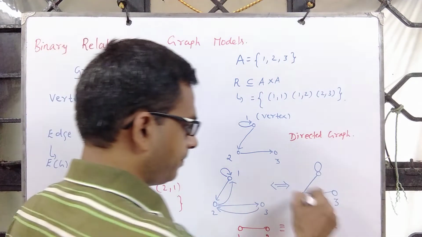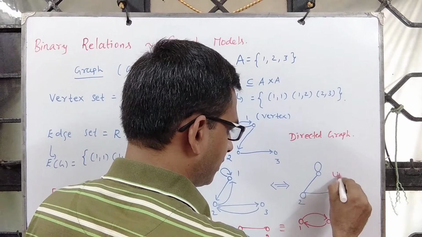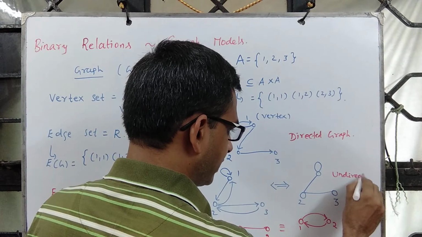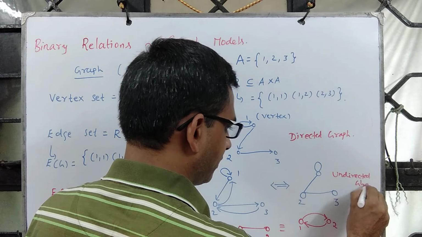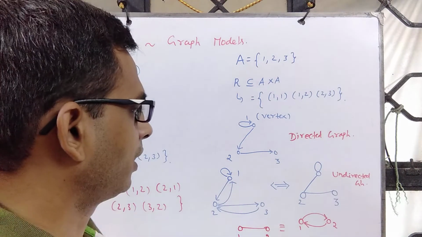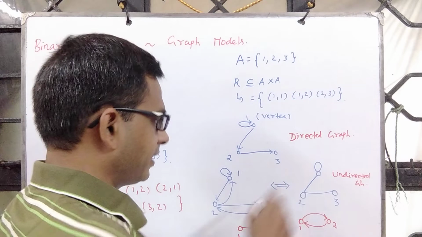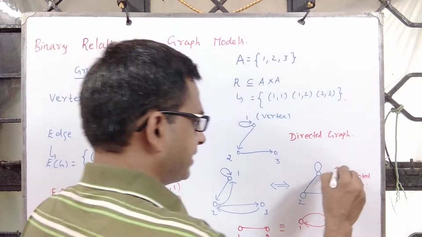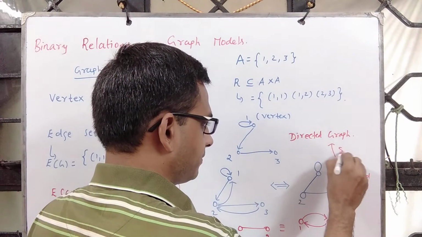If we drop directions, then such a graph is known as an undirected graph. So undirected graphs are a special case of directed graphs.